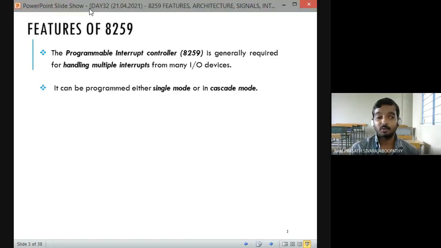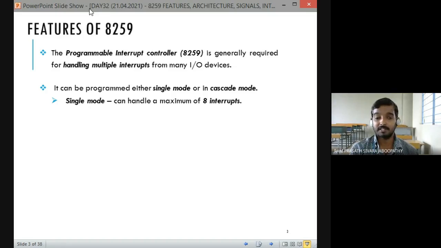This 8259 can be programmed in 2 modes. One is single mode, the other is cascade mode. In single mode, a single 8259 IC can handle a maximum of 8 interrupts. In cascade mode, we have the concept called master-slave configuration.